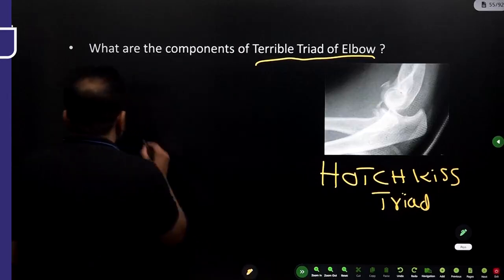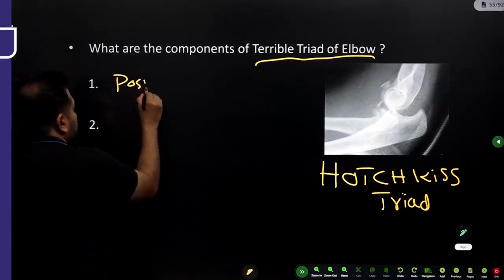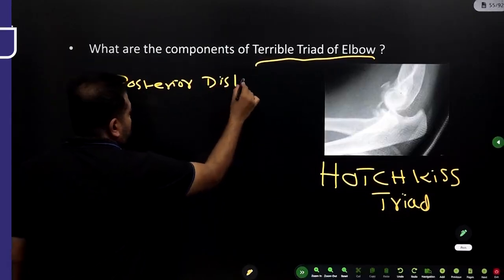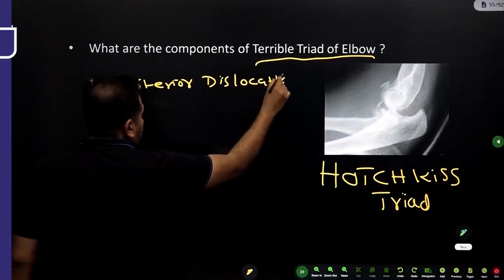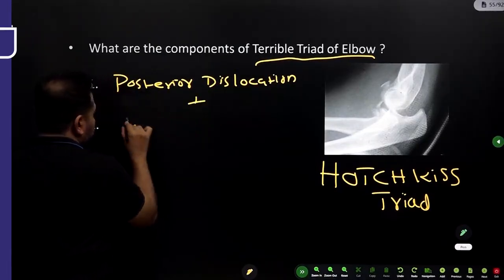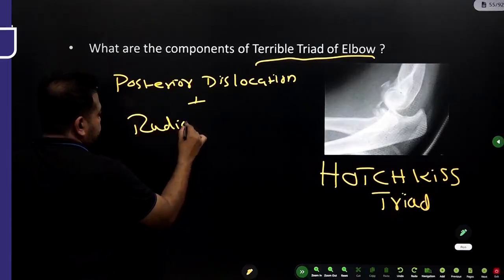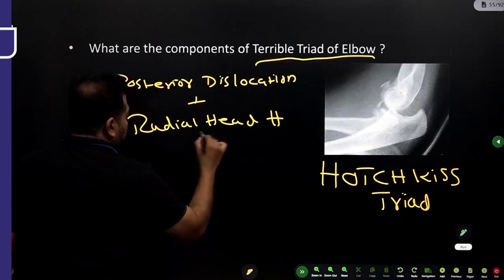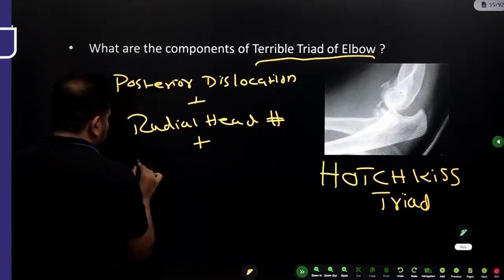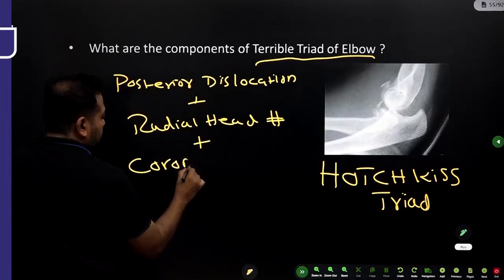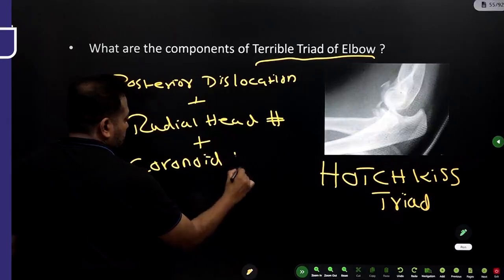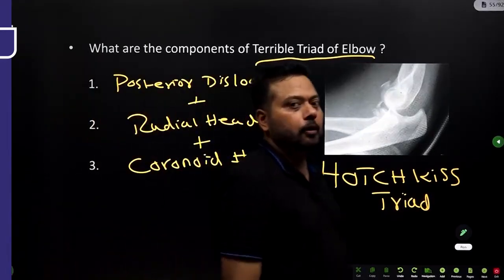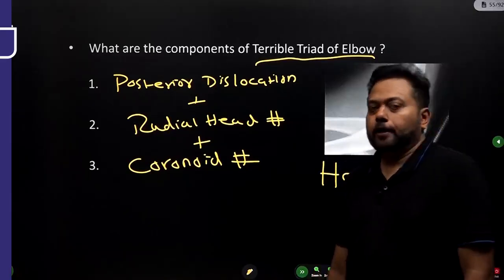Number 1, posterior dislocation of elbow, plus radial head fracture, plus coronoid fracture. This combination is called terrible triad of elbow, otherwise called Hotchkiss triad or unhappy triad.